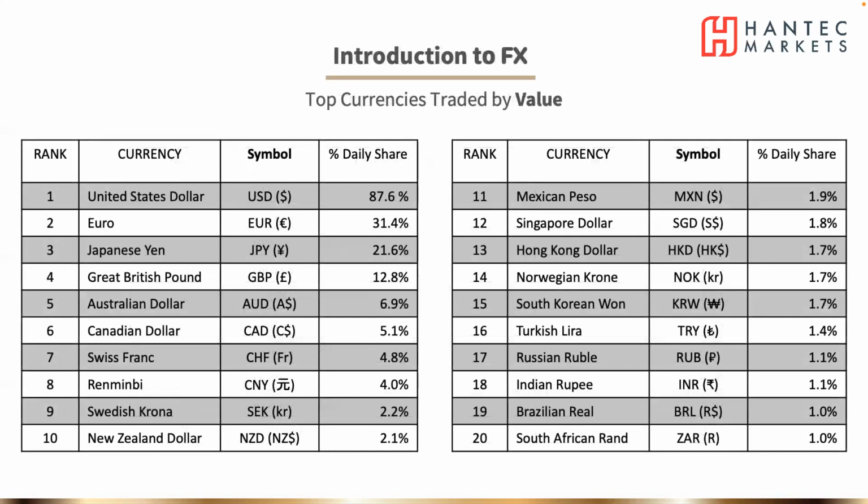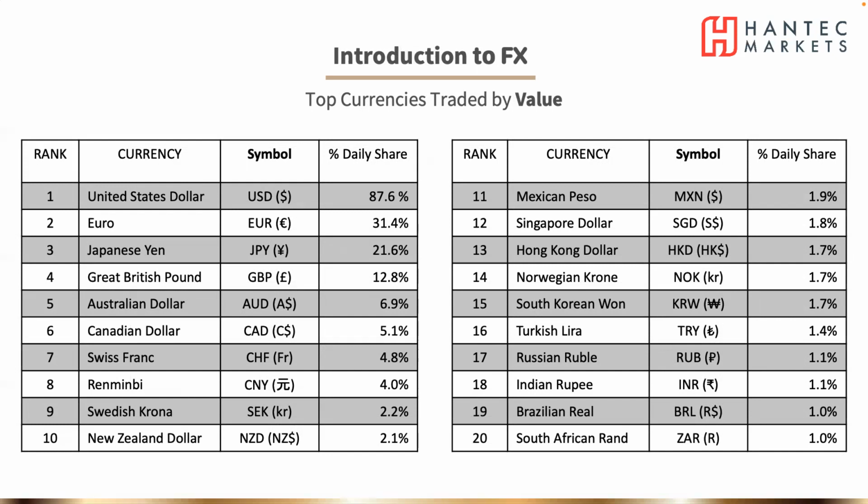So the currencies that are the top traded by their value, very simple. I'm sure everybody has heard of USD. USD is the closest thing that we have to a global currency. Many of us peg our currency against the US dollar because of the size of their economy. America is a huge world power. Many things are bought and sold in US dollar.